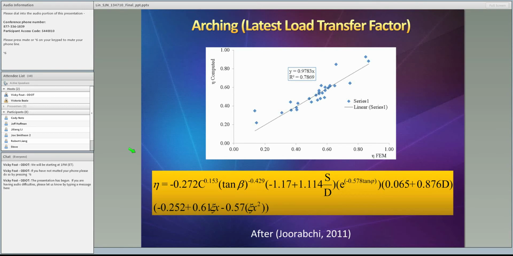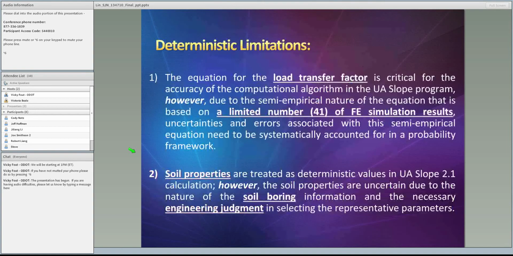So the limitations of the deterministic part: there are basically 2 major parts. First one is the load transfer factor, that is the eta. It's based on the 41 finite element models, which means some uncertainties and errors associated with the eta function should be accounted for.